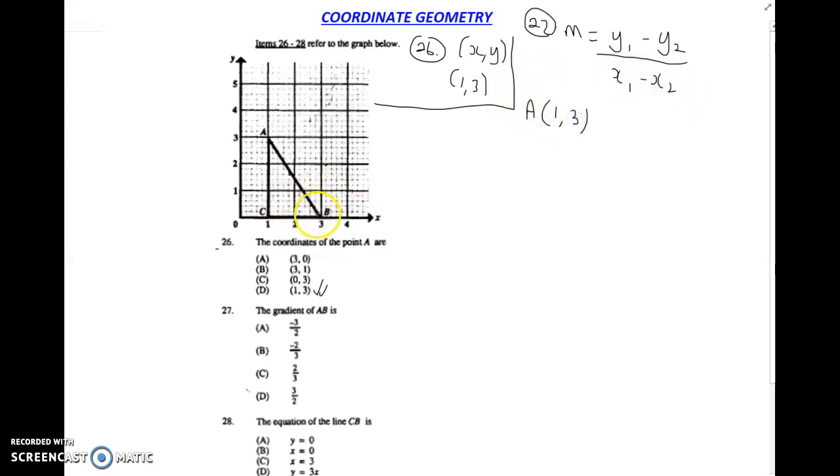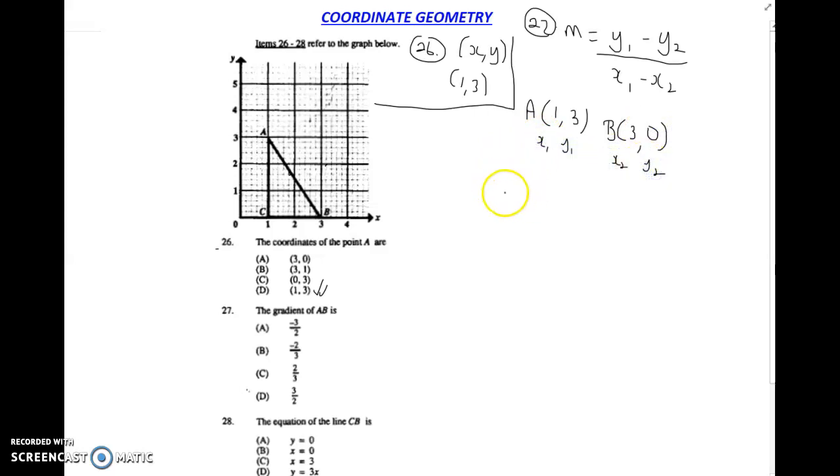Then let's look at B. B is right over here on the x-axis. The x value is 3. And because it's on the x-axis, the value of y, if we go across, is 0. So you could use the formula. Remember, this would be x1, y1, x2, y2.